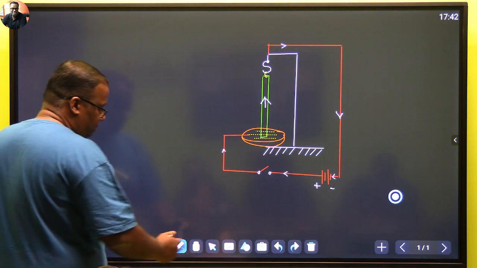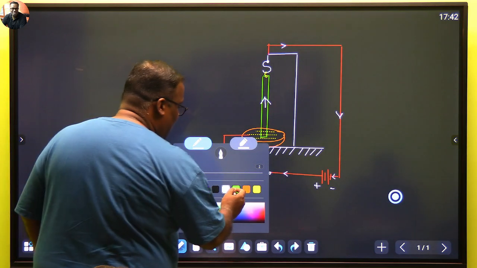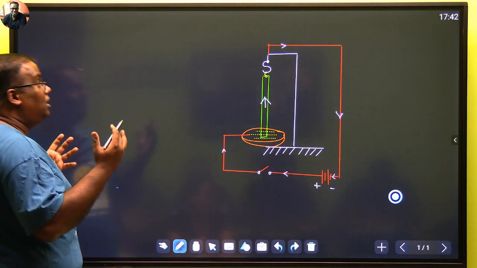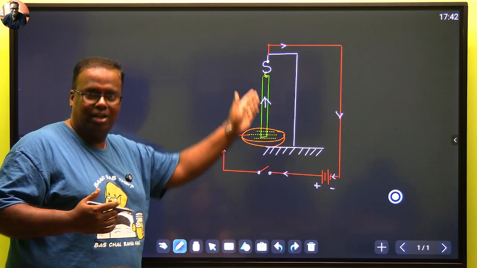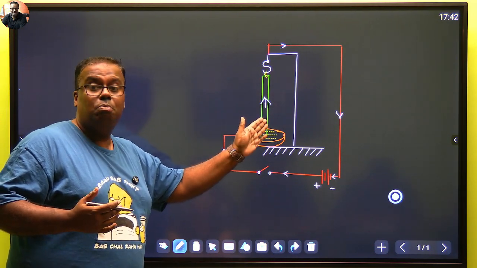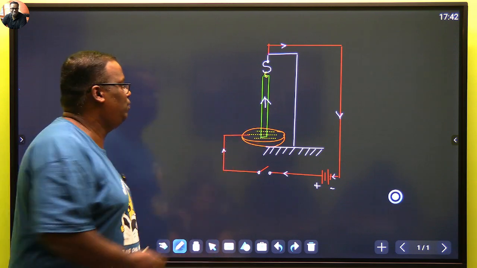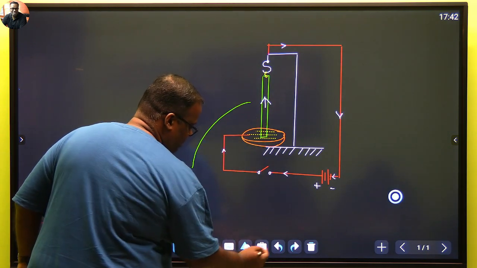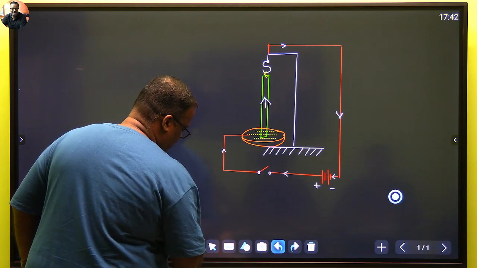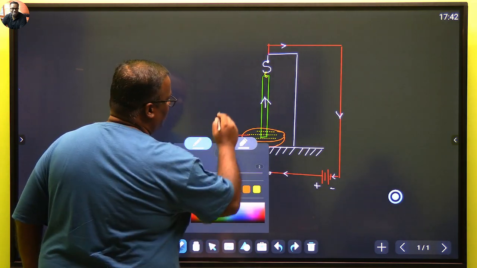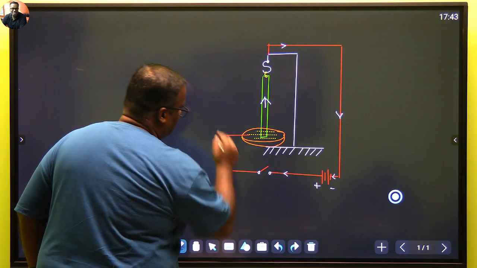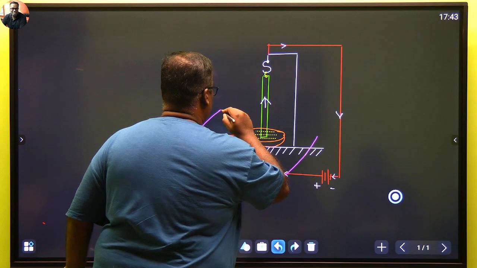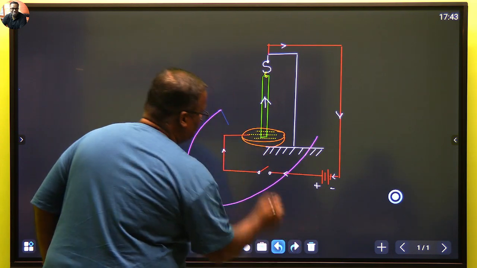Now what I do, the topic is all about the force experienced by a current carrying conductor placed in an external magnetic field. So I also try to place an external magnetic field with the help of what is called a horseshoe magnet. Let's say in this manner, there is a horseshoe magnet.